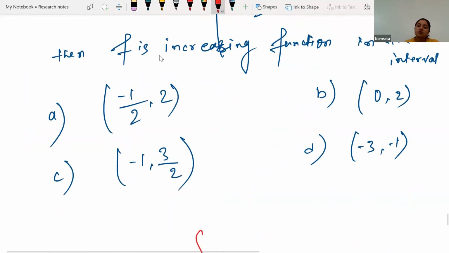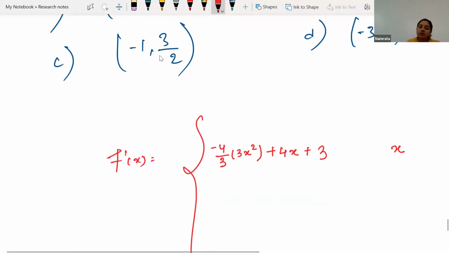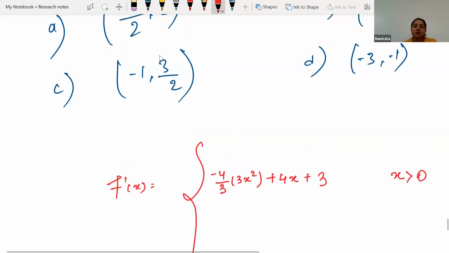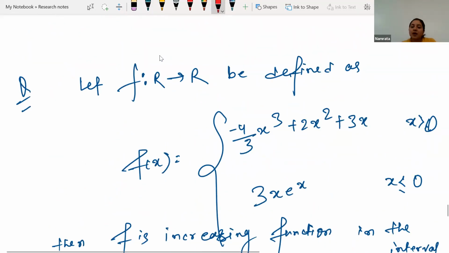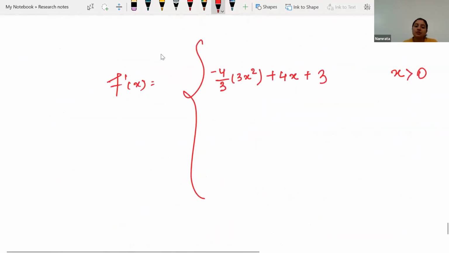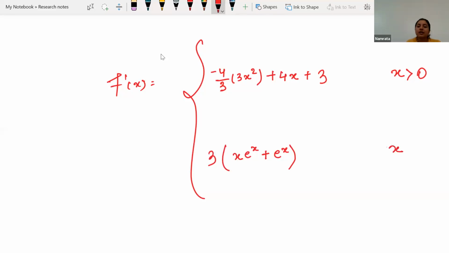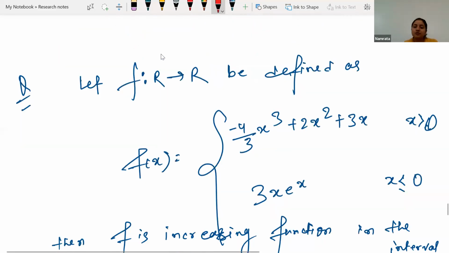We need to write the condition here, x greater than 0. 3x e to the power x we are having as the other function, so product rule we need to apply: first function into derivative of second function plus second function into derivative of first, and derivative of x will be 1. This is when x is smaller than or equal to 0.